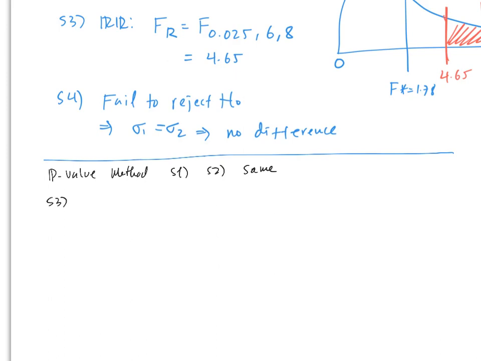Now for step 3, the p-value is twice the probability that F is greater than F star, which in this case is 1.78. So this is 2 times FCDF of 1.78, 1000, the numerator, the denominator, and this is around 0.44.